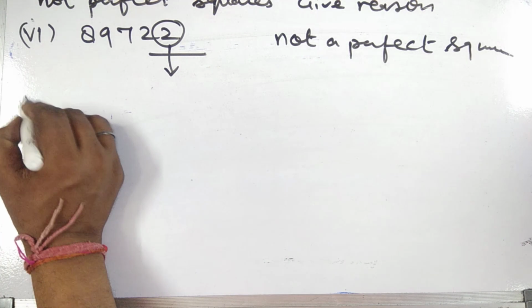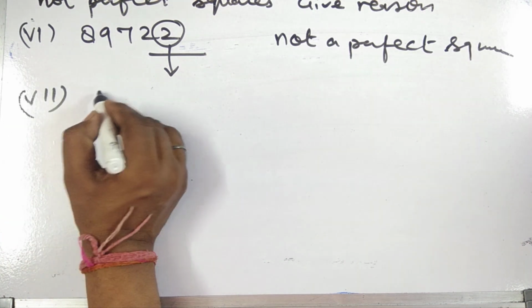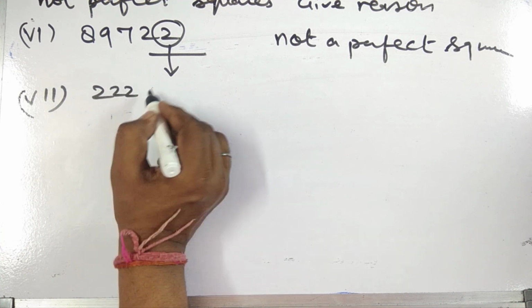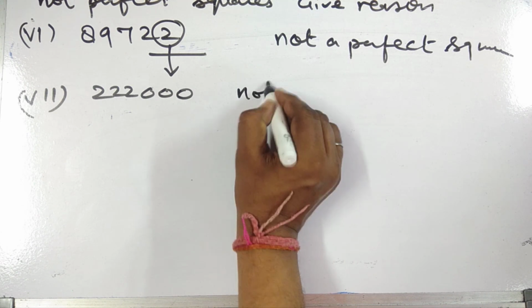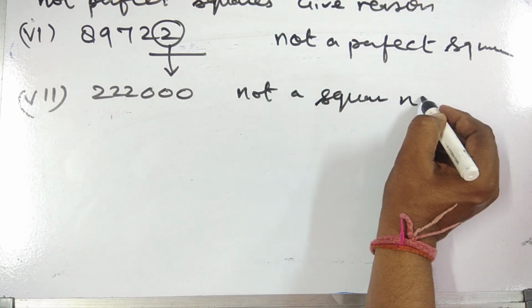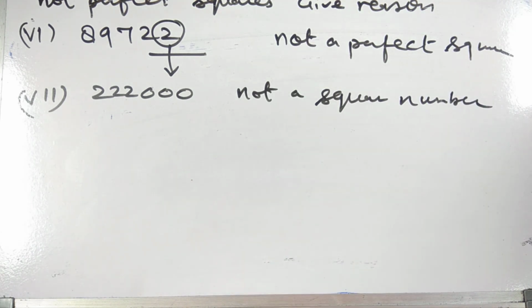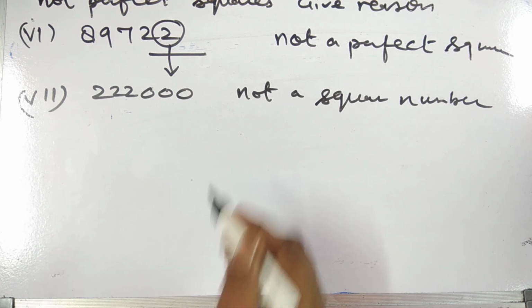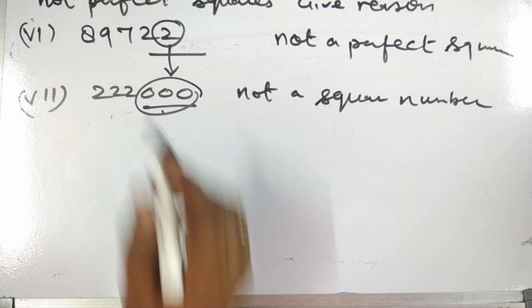And in the same way, students, seventh one, not a square number. Why, students? Because it has an odd number of zeros.